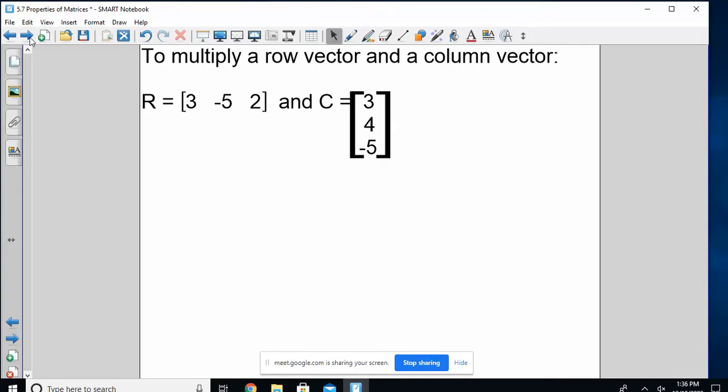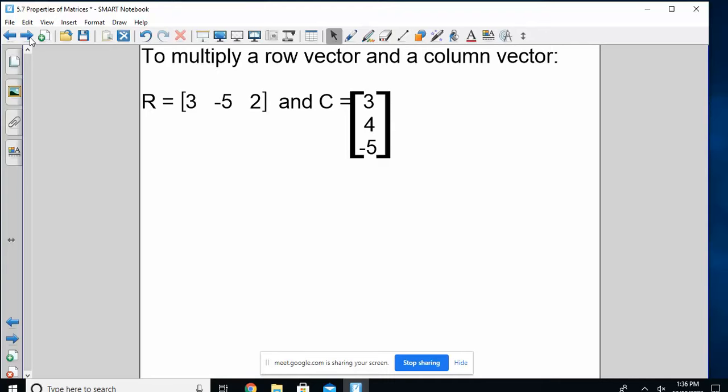Okay, then I'm going to take the second entry in each. -5 times 4. I'm going to take the third entry. 2 times -5. And then we will add all of those together.